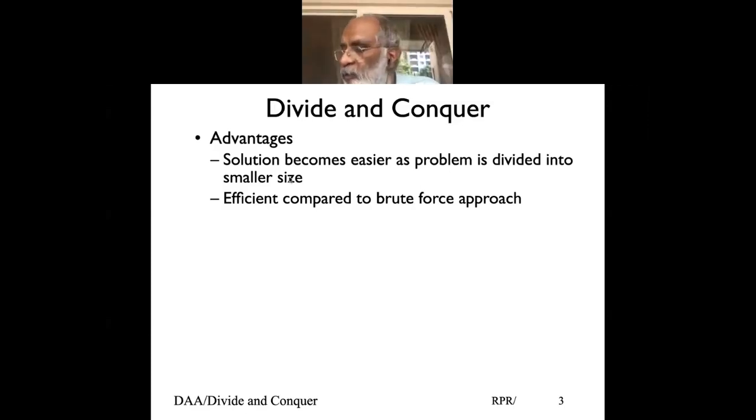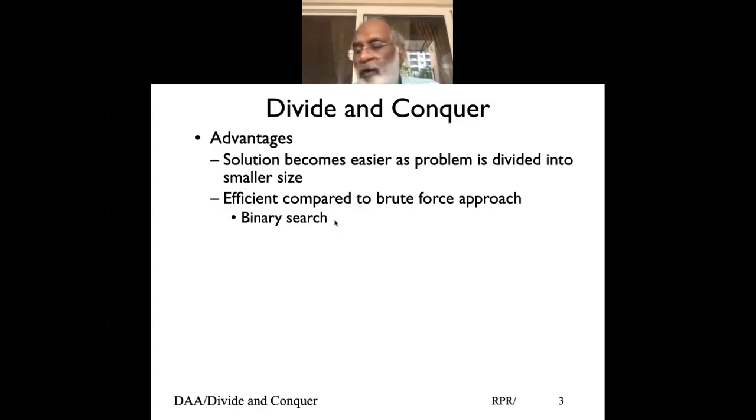We have seen that in binary search. Rather than searching for an element in the entire array, we divide the array into half, then into half again, and keep narrowing down the scope until the array size becomes 1.